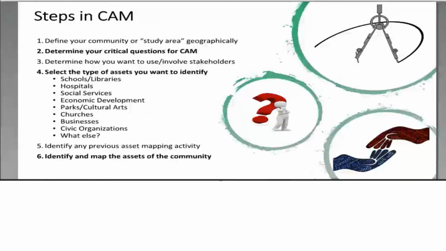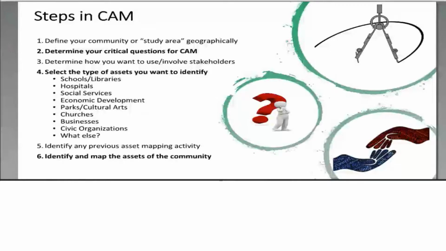Then step 3 is determining how you want to leverage and use the stakeholders that you have. This is an important part of asset mapping because you can broaden the scope of who's involved in helping you plan through different roles that you can assign in asset mapping.